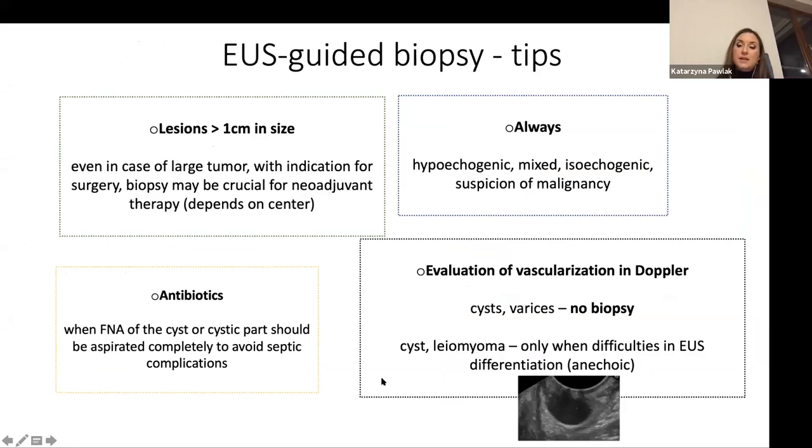And here are a couple of tips when it comes to the EUS guided biopsy. You know now that lesions greater than 1 centimeter, even 2 centimeters, will be referred to biopsy. However, in some cases of even large tumors with an indication for surgery, biopsy may be crucial for neoadjuvant therapy.